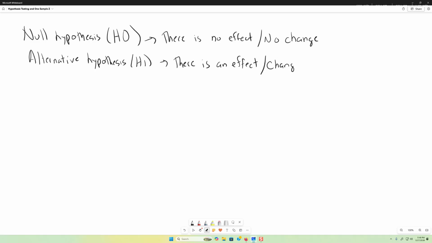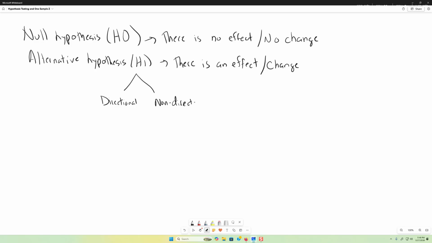There is some kind of change. Something happened. Now, that change can be in one particular direction or it can just be overall. So, this alternative hypothesis is also either directional or non directional.